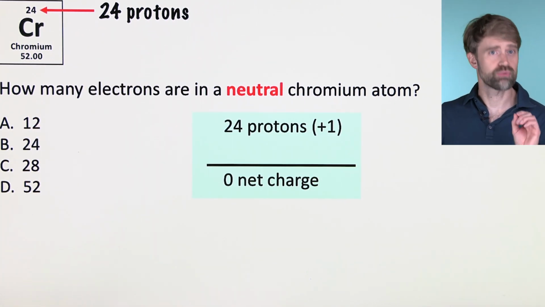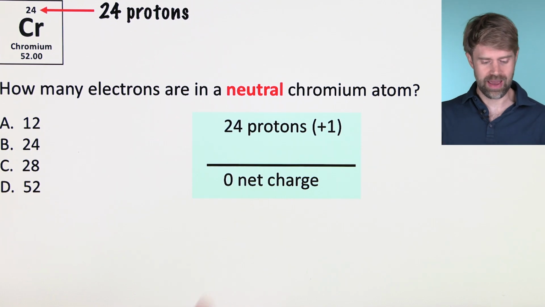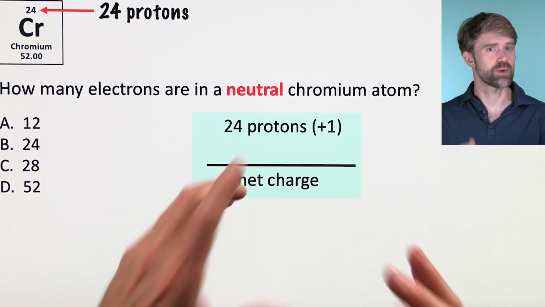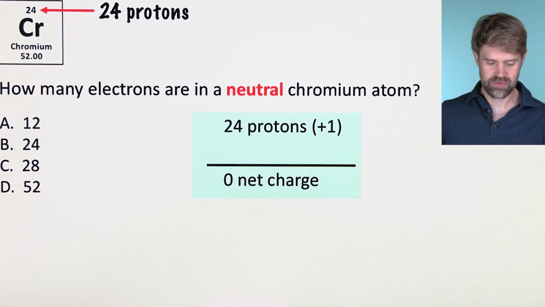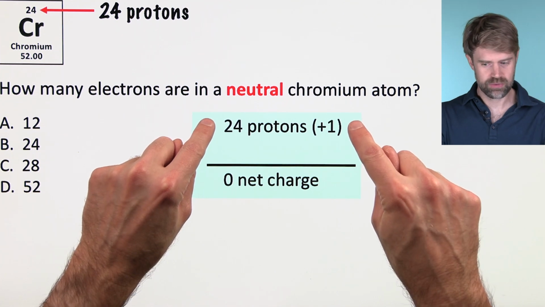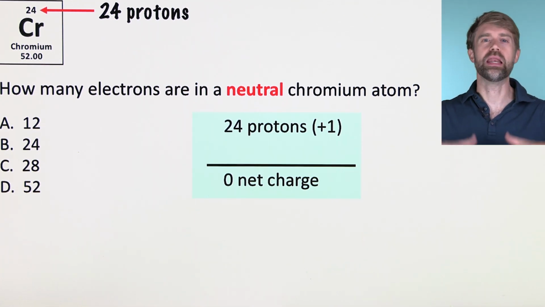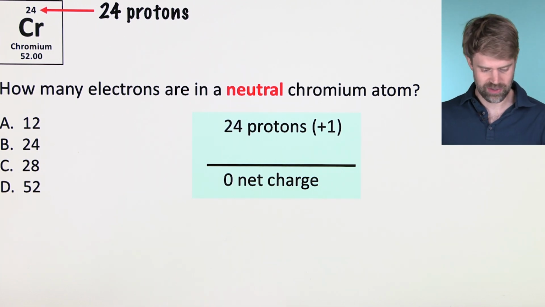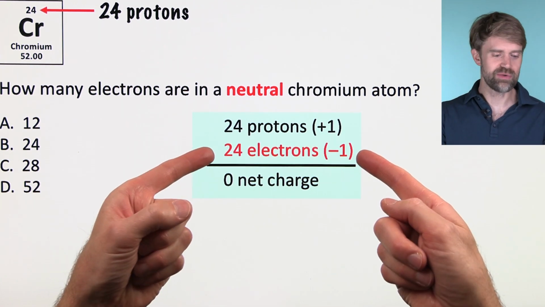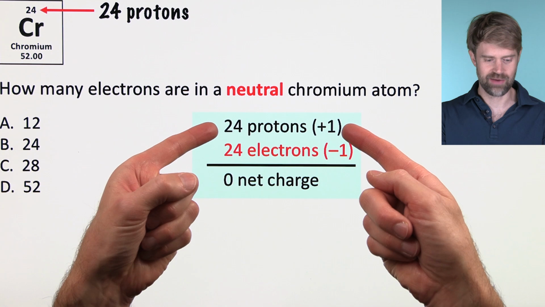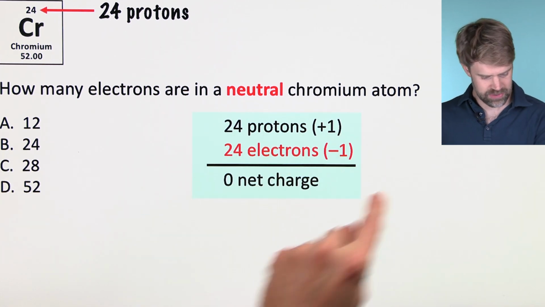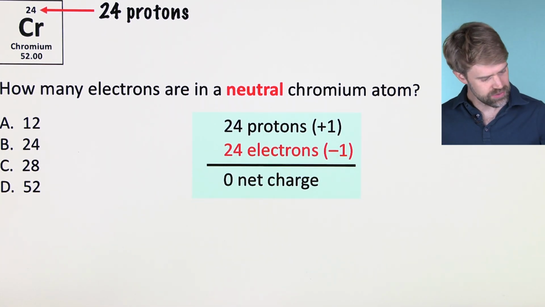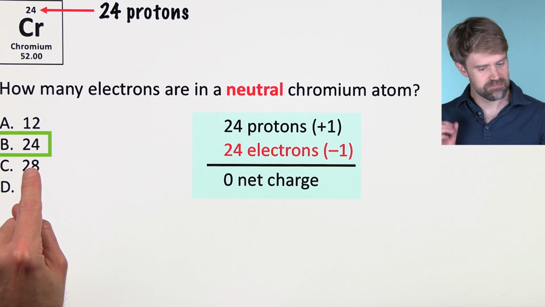Now, the problem said that the chromium atom is neutral, so it has no charge. If it has 24 positive protons in the nucleus, how many negative electrons does it need to cancel these out for a 0 net charge? 24 negative electrons to cancel out the 24 positive protons, and 24 electrons is choice B.